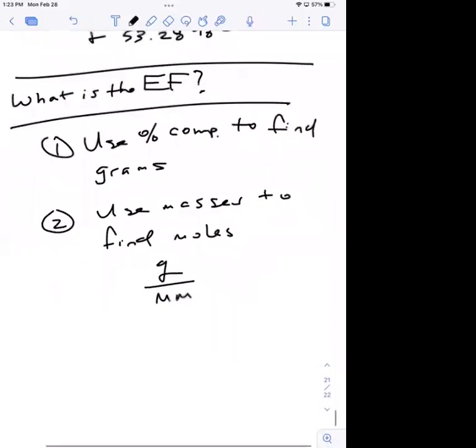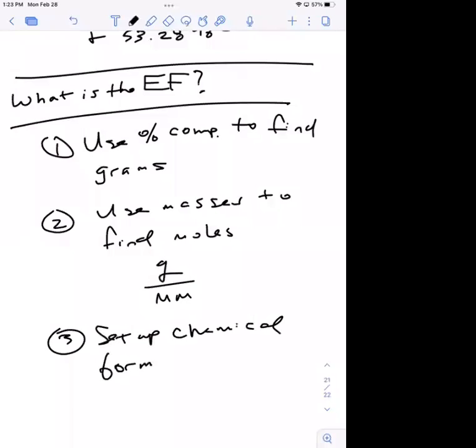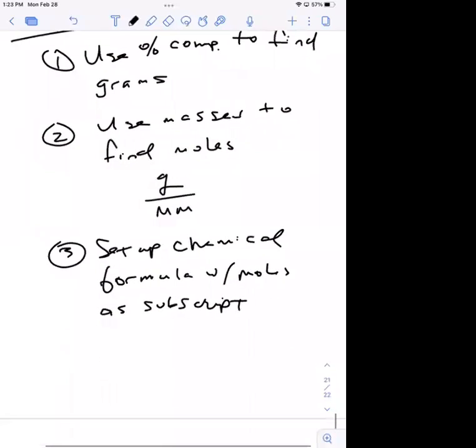And then we're going to set up our chemical formula with moles as the subscript. And then, of course, we're going to divide by the smallest number.